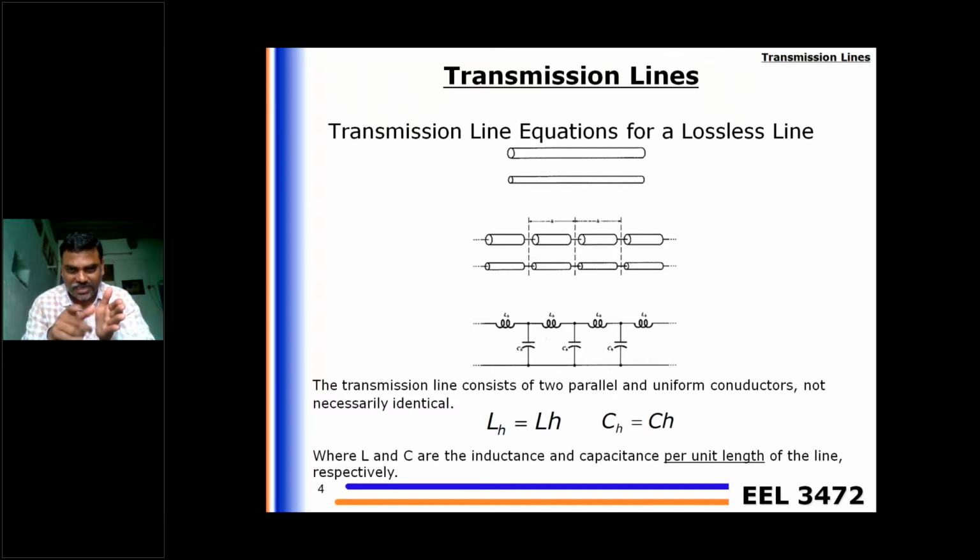That's why only L and C components are represented for the distortionless line. And the symbol to represent inductance is L suffix H, because it represents the inductance per unit length. L suffix H is simply L into H, so L_H is in Henry per meter. Similarly, capacitance is also per unit length.